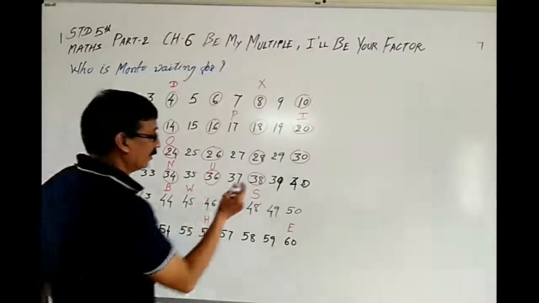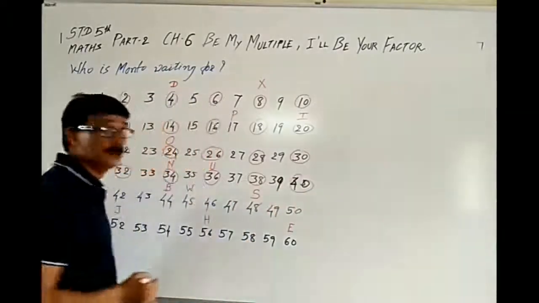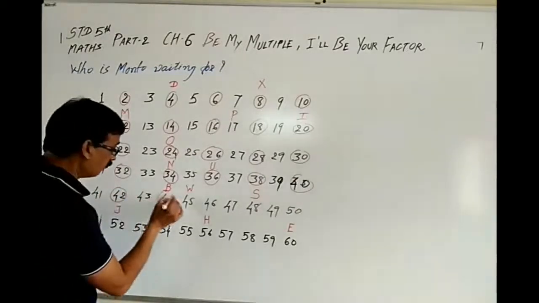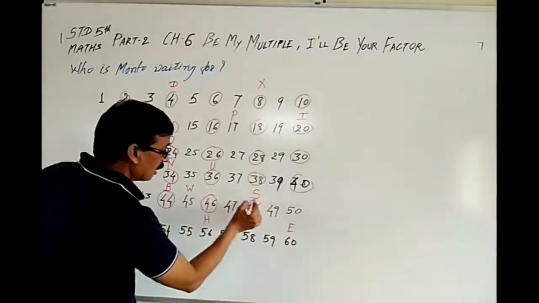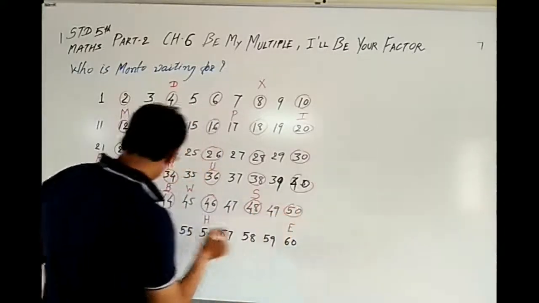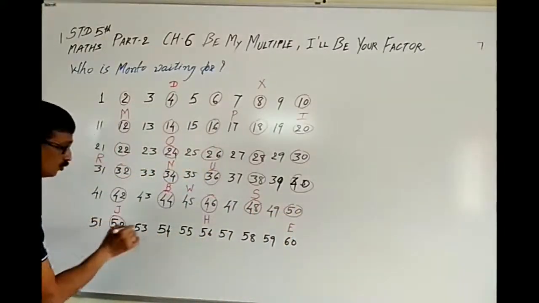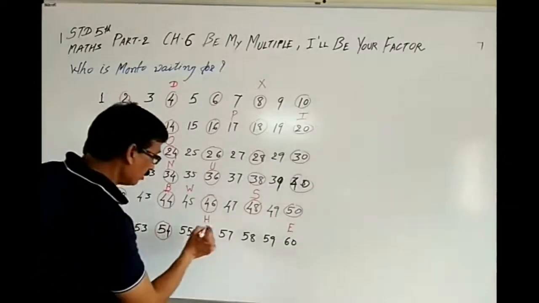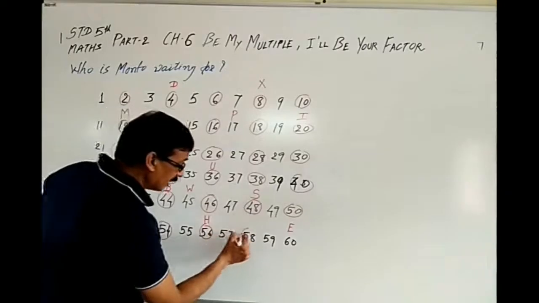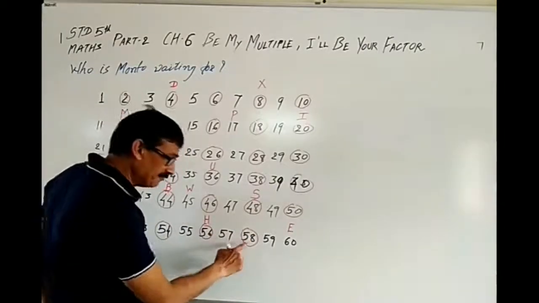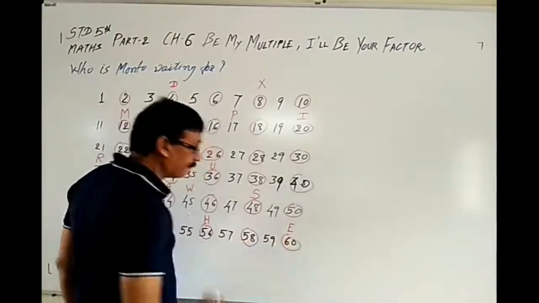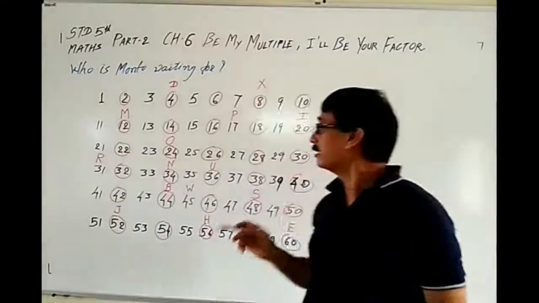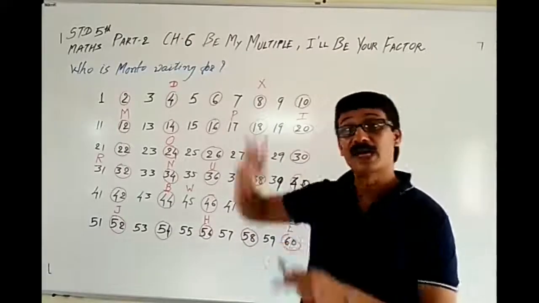So, 38, 20 twos are 40. 21 twos are 42, 44, 46, 48, 50, 52, 27 twos are 54, 56, 29 twos are 58, and 30 twos are 60. So actually it is a table of 2, we can say, up to 30.